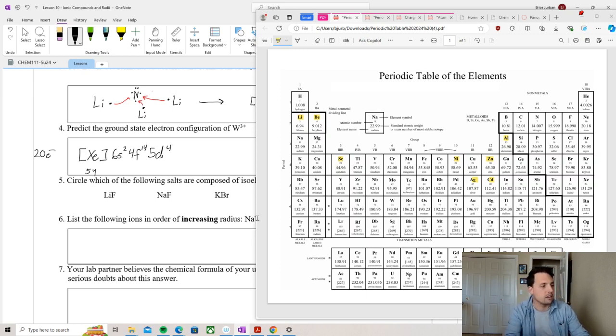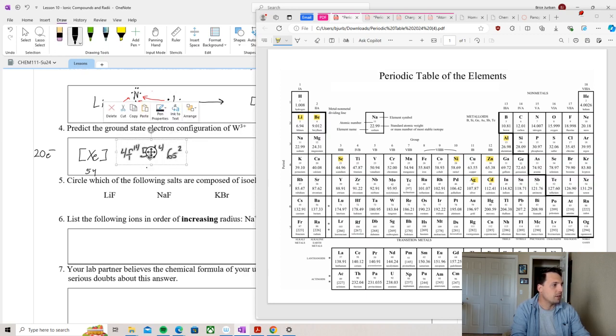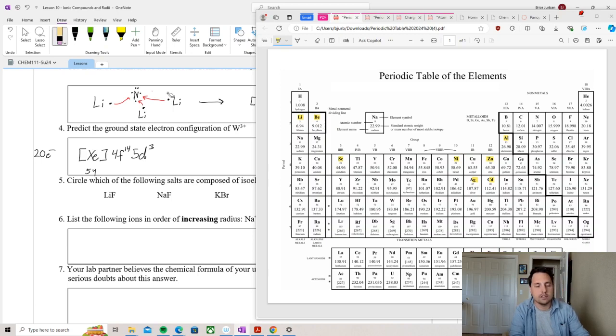But we want the ion configuration, so what we're going to do is we're going to rearrange these so that they're 4, 5, 6. And then we need to strip off 3 electrons. So those 3 electrons will first get stripped off from the 6s2 and then the 5d, leaving us with the configuration of xenon 4f14 5d3.